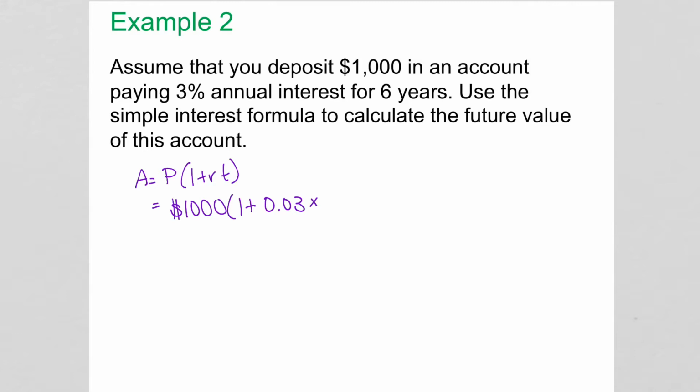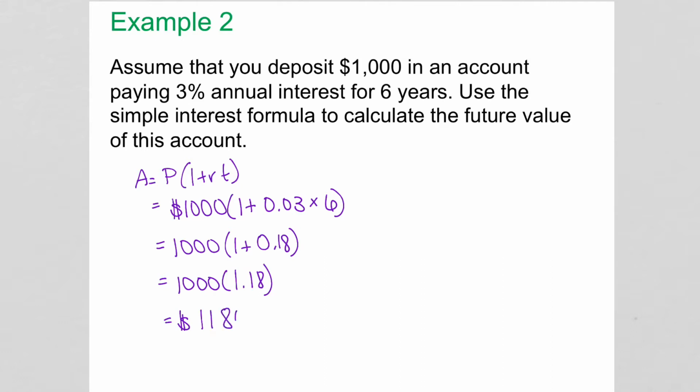And we'll multiply that by T, or 6 years. 0.03 times 6 is 0.18. So we're going to multiply 1,000 by 1.18. We get $1,180. And that's not just the interest, that's how much with the interest is in the account after 6 years.